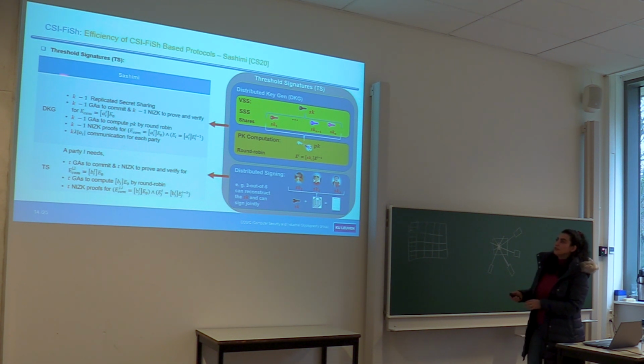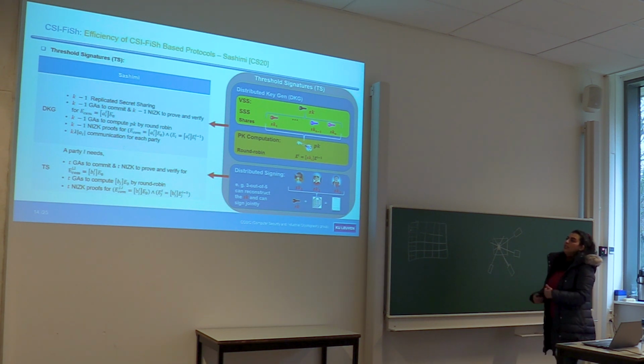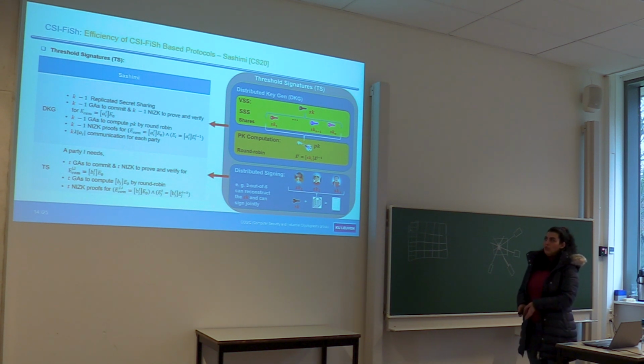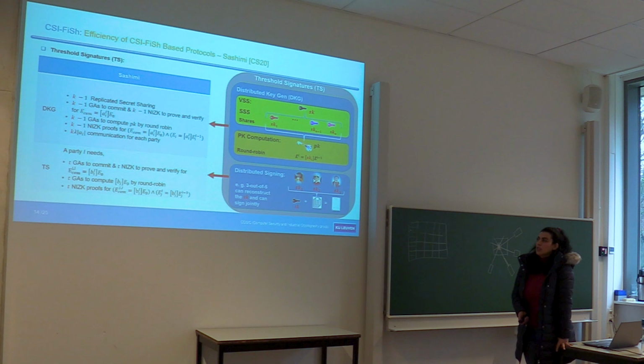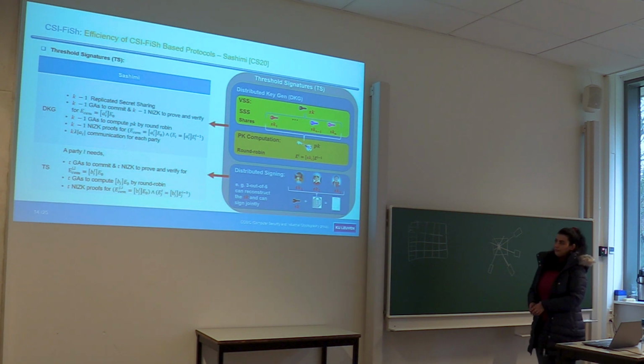Again, they need to do K-1 replicated secret sharings, K-1 group actions to compute, and they added zero knowledge proofs because they wanted to achieve active security. So they have K-1 non-interactive zero knowledge proofs, and they have K-1 group actions to compute the public key, and so on.